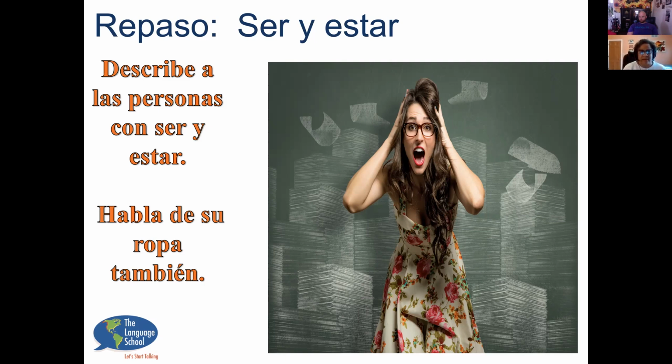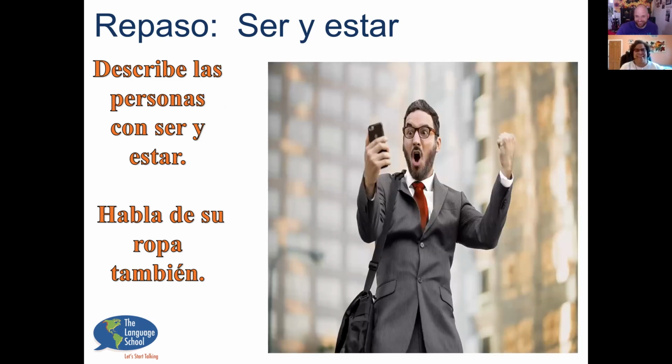For example, su vestido es bonito. I mean, there's only so much you can say. You already said one thing, and that's okay. You don't have to go on forever.